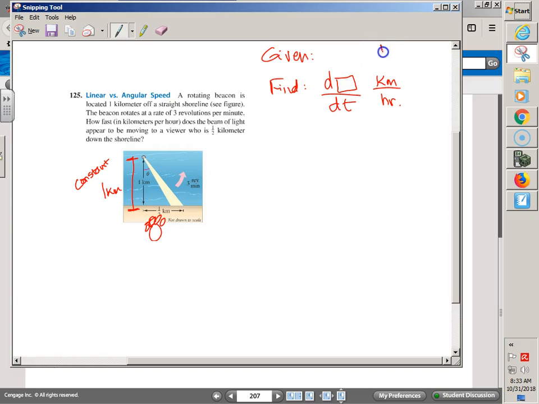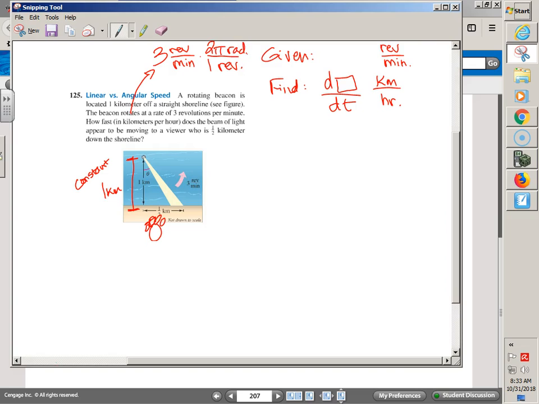Label it. Revolutions per minute? What is that talking about? Oh, nobody knows. Was the wording too confusing? We saw it in class, but maybe because we didn't write it down, it didn't stick. Revolutions per minute is awkward because you need to build a bridge, but you can build a bridge because 1 revolution has 2 pi radians.